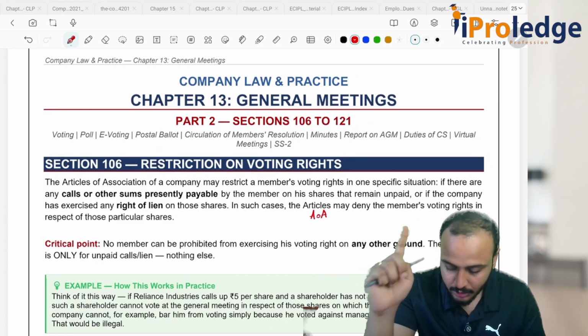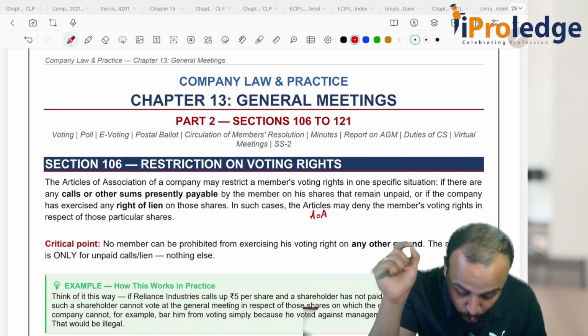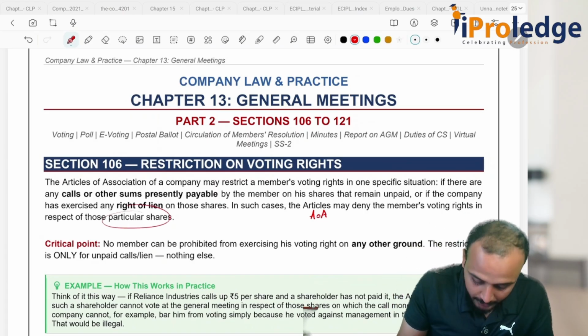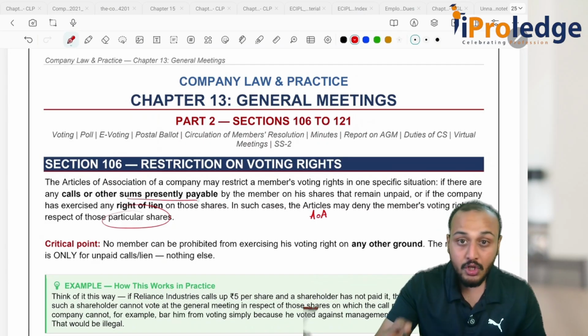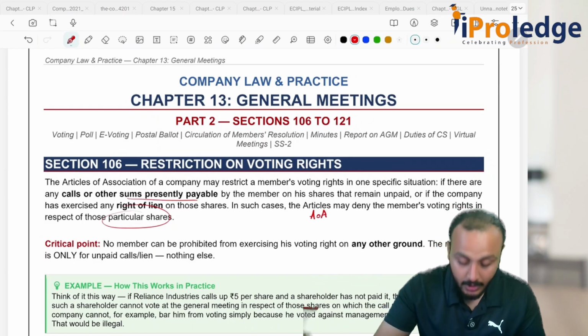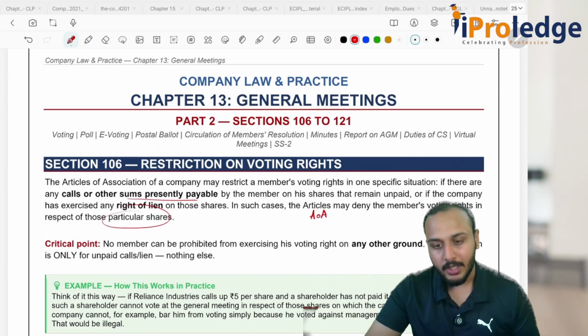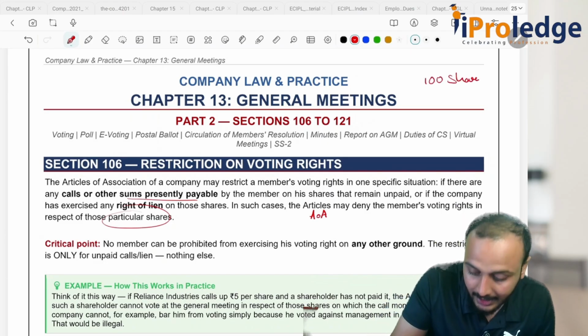The articles may deny the member's voting rights in respect of those particular shares on which you were supposed to pay some money and did not pay it. Only on those shares will I put a restriction on your voting rights. Let's say Mr. A has 100 shares.